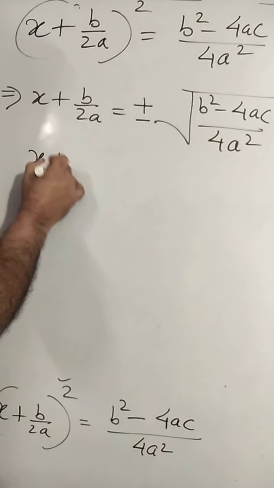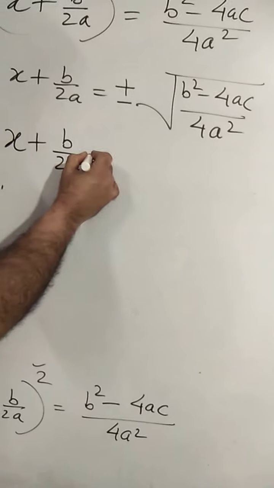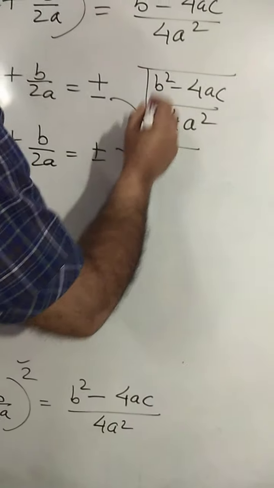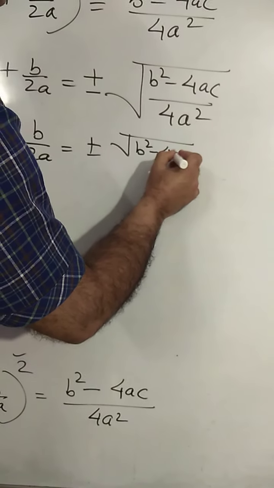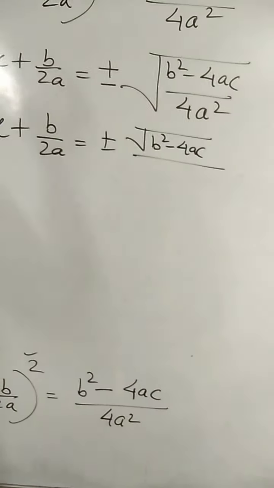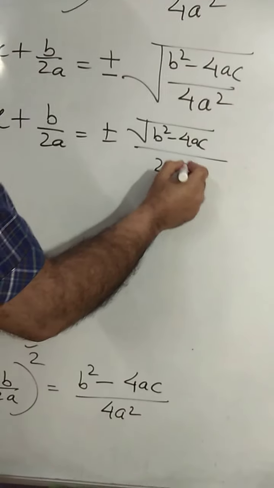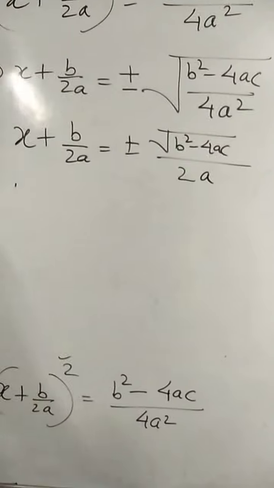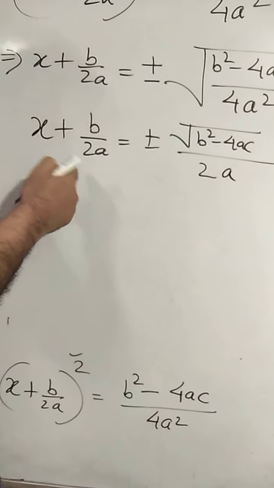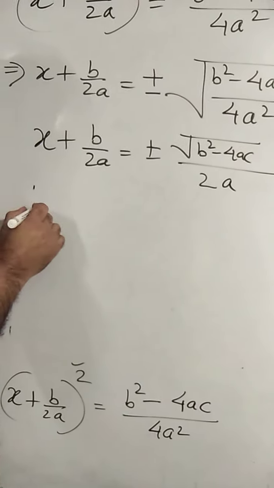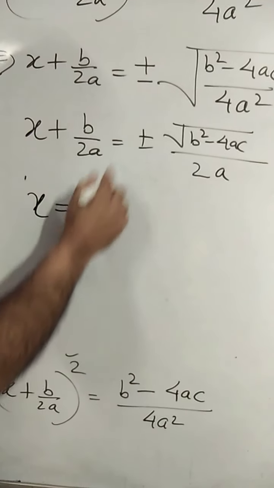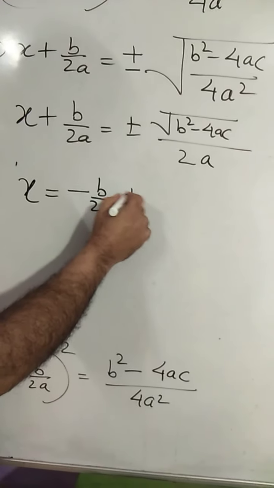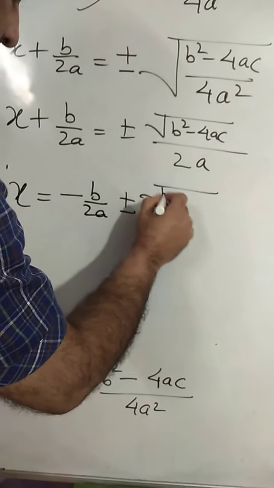Now x plus b over 2a equals plus minus, separate the square root of the numerator and denominator, square root of b square minus 4ac, and in the denominator, the square root of 4 is 2, and of a square is a. So the square root is removed from the denominator. Now take this b over 2a to the right hand side. So it is plus b over 2a, and when it goes to the other side, it becomes minus b over 2a.